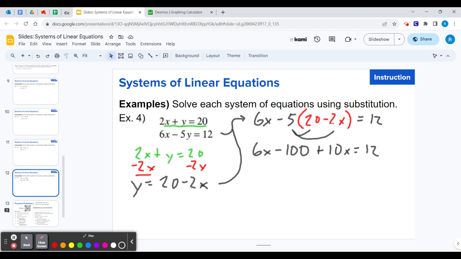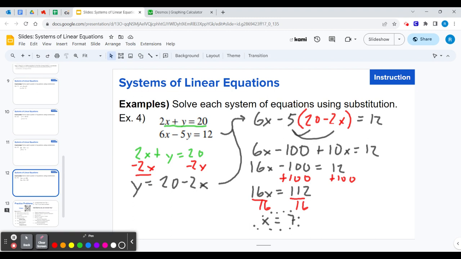We can start combining stuff, so 16x minus 100 equals 12. We'll move that 100 over. So adding it to both sides there, we get 16x equals 112. And if we divide out 16 on both sides, we will get x equals 7.